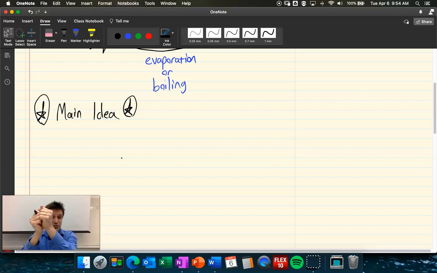Particles are attracted to each other, some more than others, but that pulls them together. At the same time, they want to move. They're always moving. They want to spread apart. That movement is what's trying to make them go apart. So there's a competition between those two. One force wants to bring them together. The other force wants to split them apart. Okay? And there's a constant competition there.